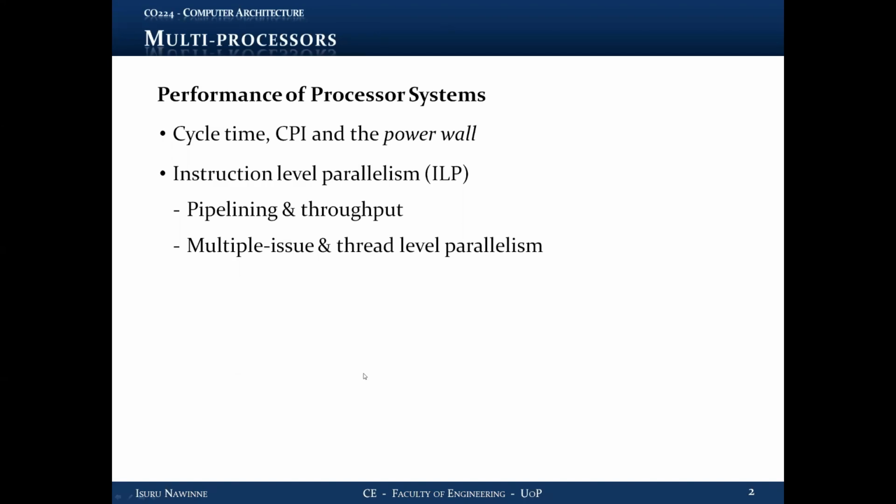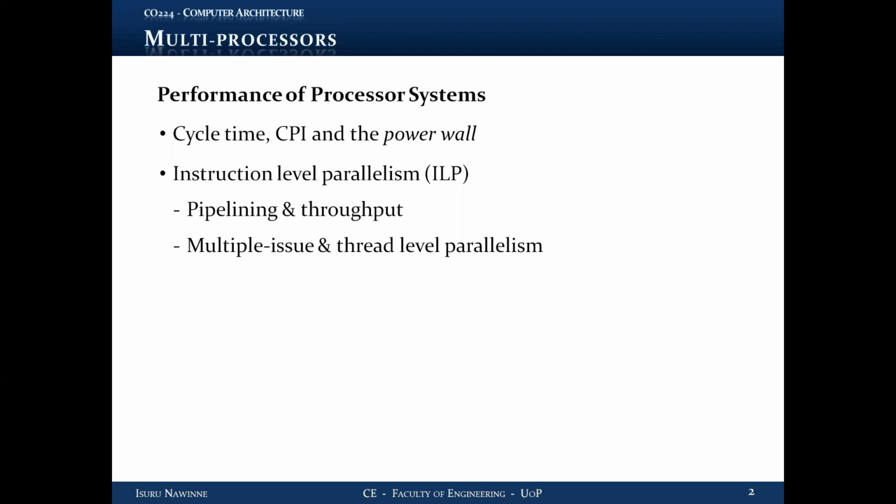Then, even though we didn't discuss them in detail in class, I gave you some external references, extra reading. There are some advanced concepts like multiple issue and out of order execution, different advanced techniques to further exploit parallelism.